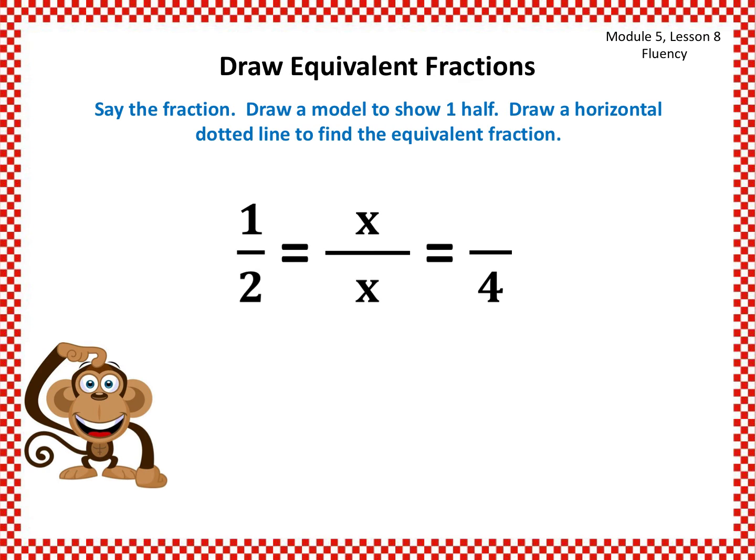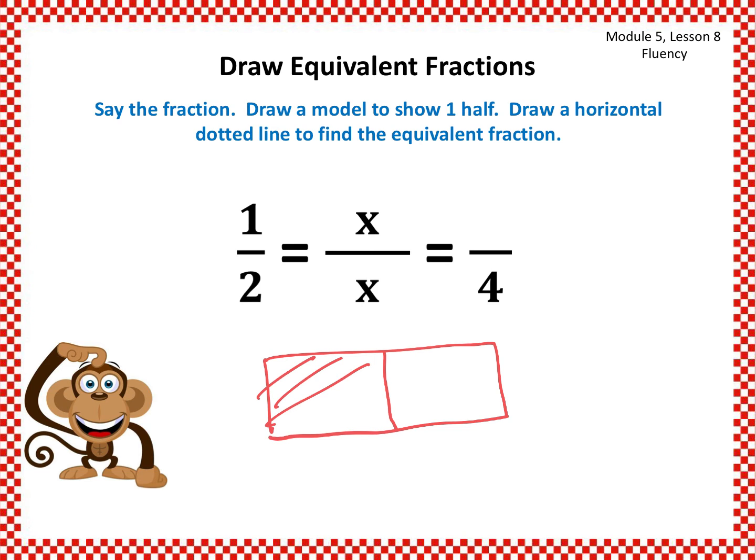All right. Equivalent fractions and drawing them. So we're going to say the fraction, 1/2. Draw a model. Do this on your board while I do it on my board to show 1/2. And I'm going to shade that in. Then I've got to draw a dotted horizontal line to find my equivalent fraction.